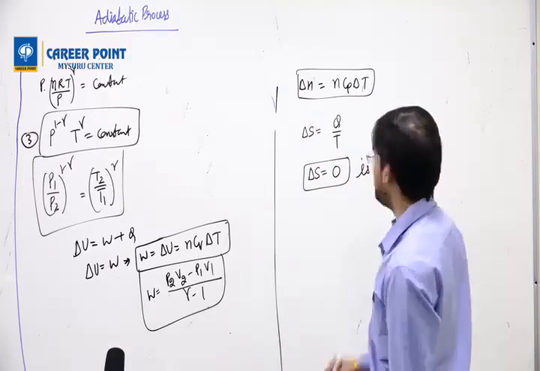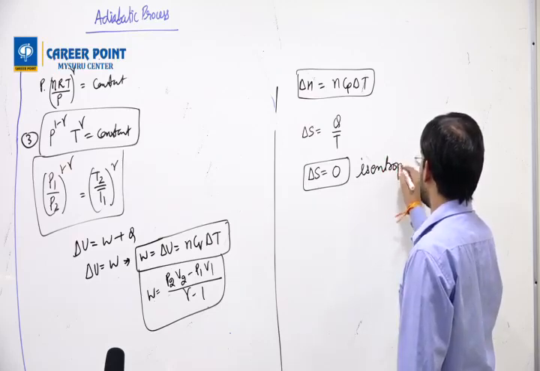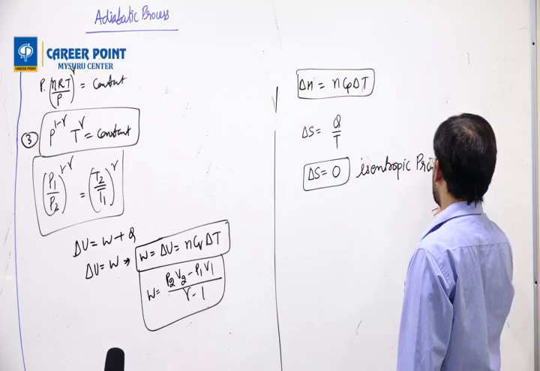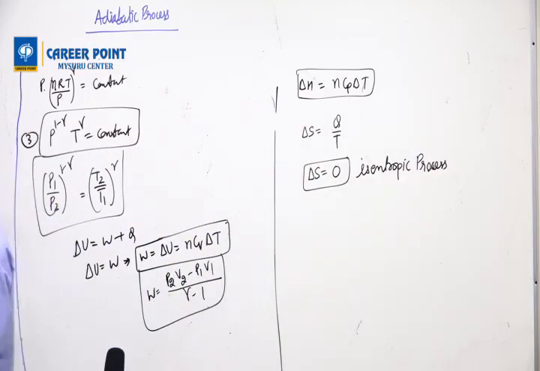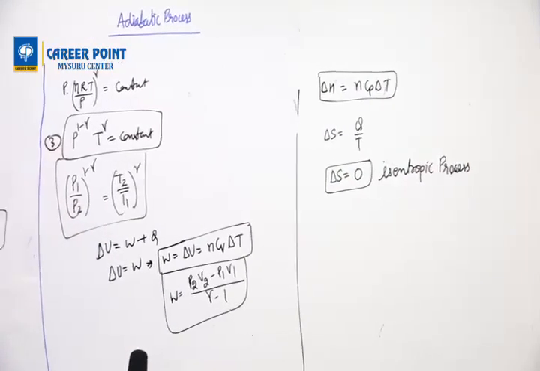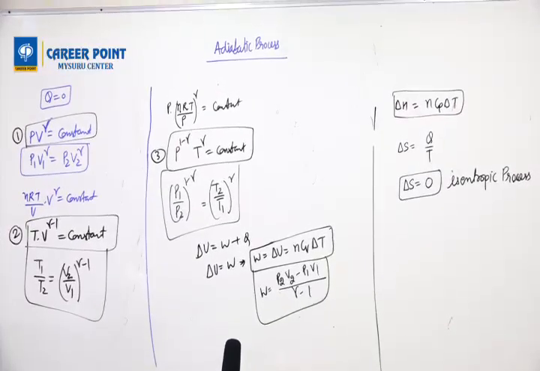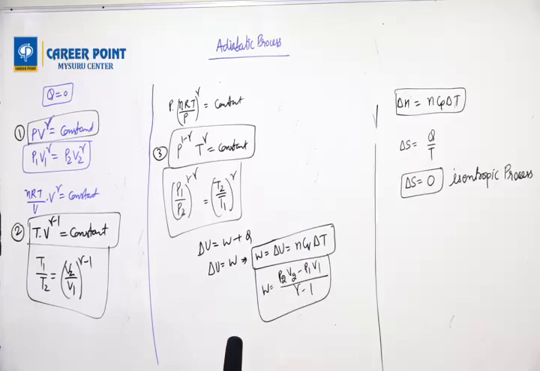These adiabatic processes are also known as isentropic processes, because their delta S is 0, constant entropy.